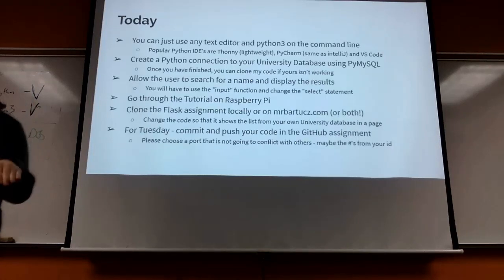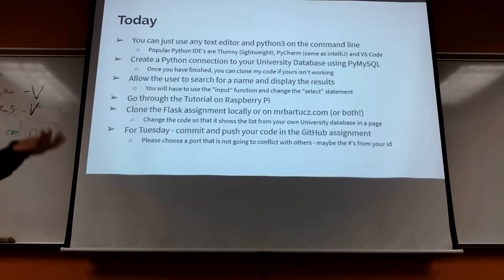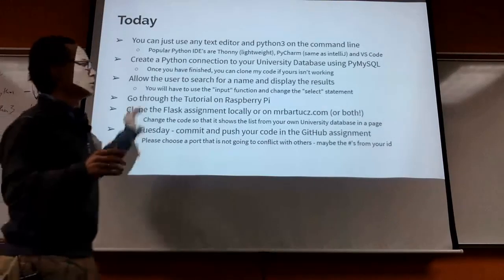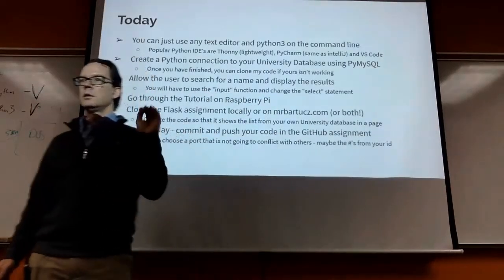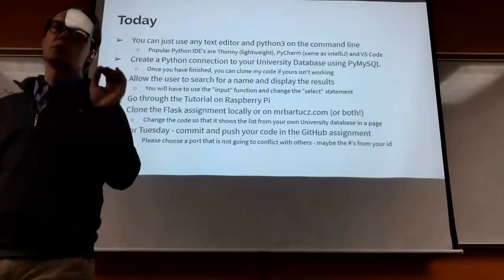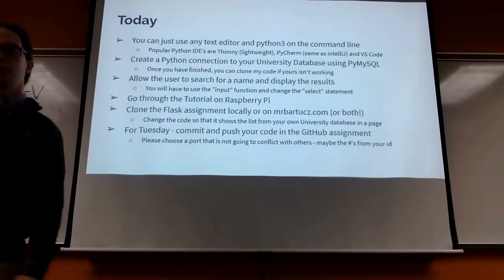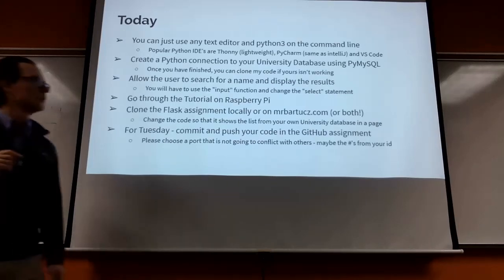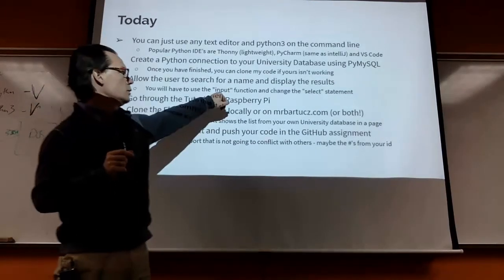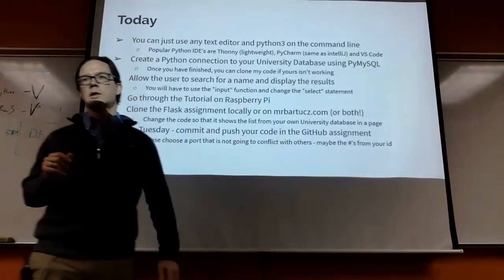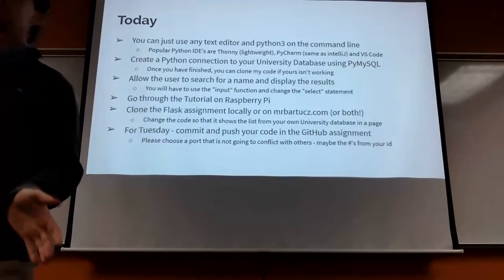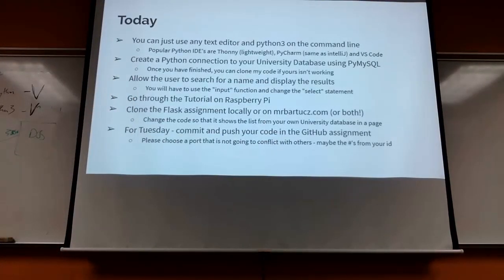The user types in Bartus, and you change the select command to say, select star from students where last name equals the variable that they input. So it's a little bit of Python you might have to learn. You'll have to learn how to use input and change the select statement. So not a huge amount, but hopefully get your toes a little bit wet.